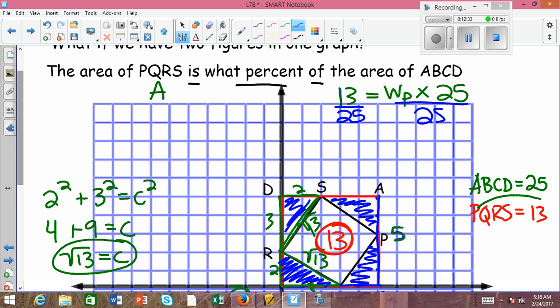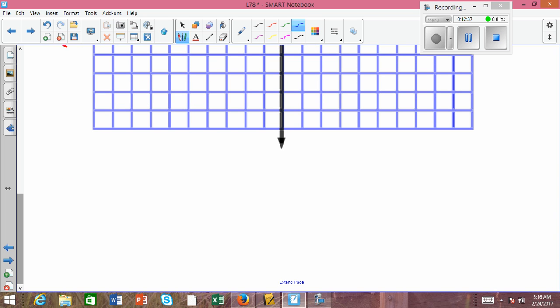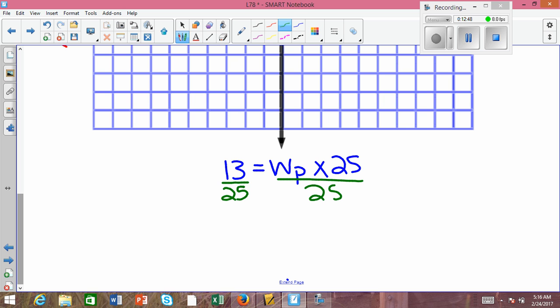Okay, so I'm going to move down here just so we can see this a little bit better. We had 13 is what percent of 25, divide by 25, divide by 25. These 25s will cancel, so our what percent, or W sub P, is equal to 13 over 25.